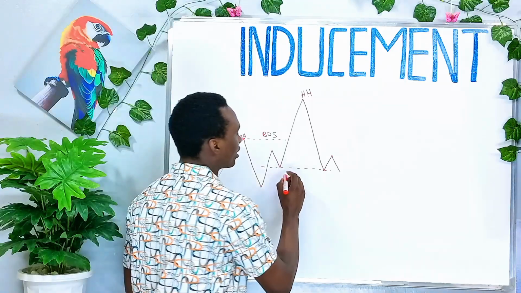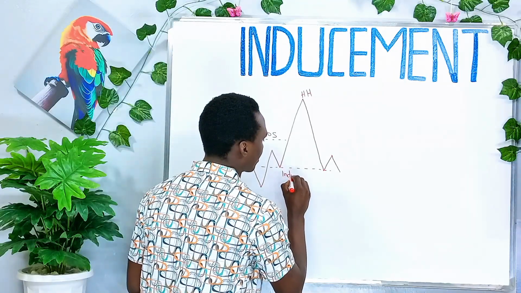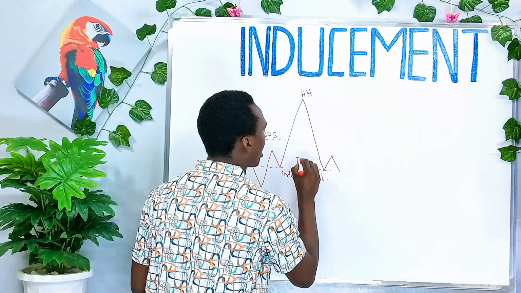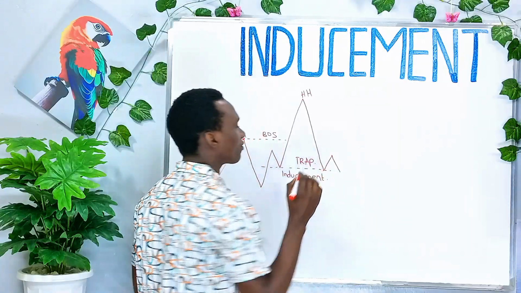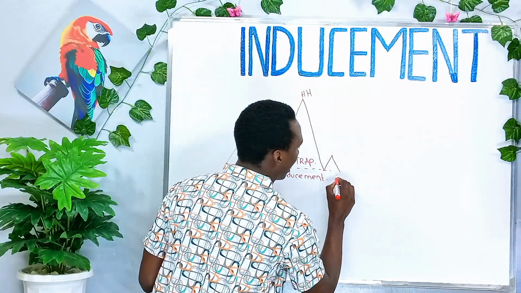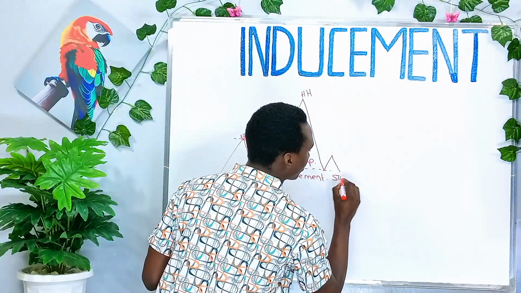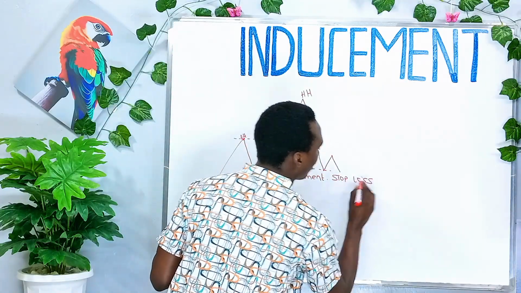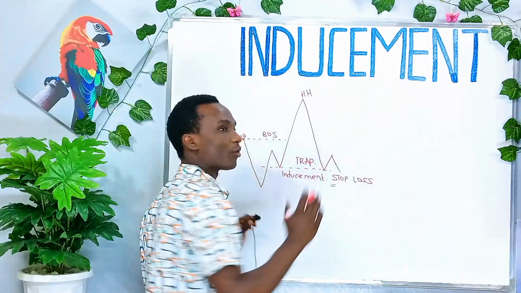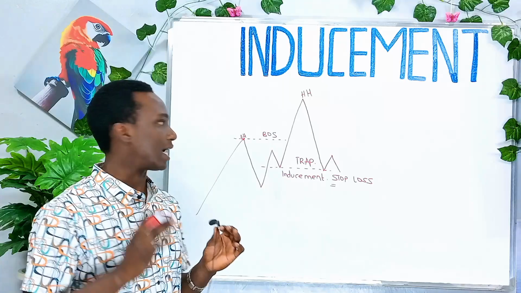This is what is now called inducement, or the trap. Most of the time the price will come and take those people who had placed their stop losses along these lows and then move in the original direction, which was an uptrend.